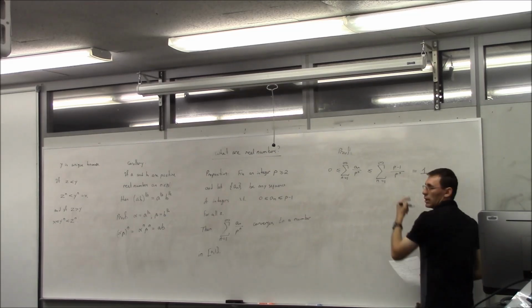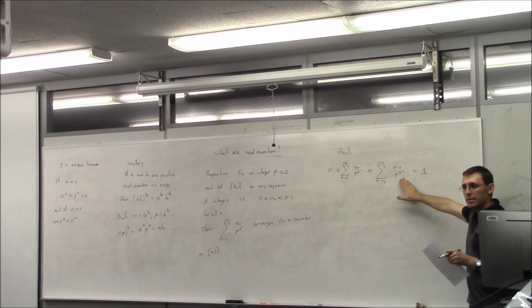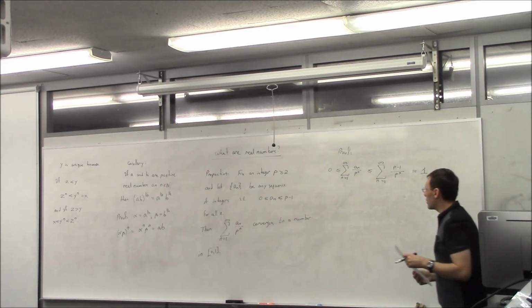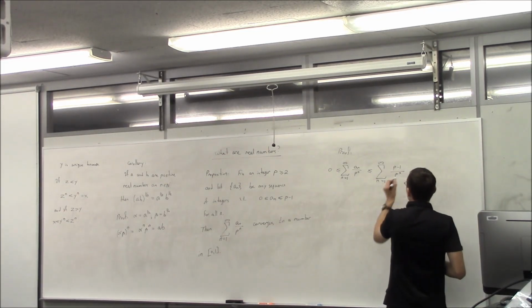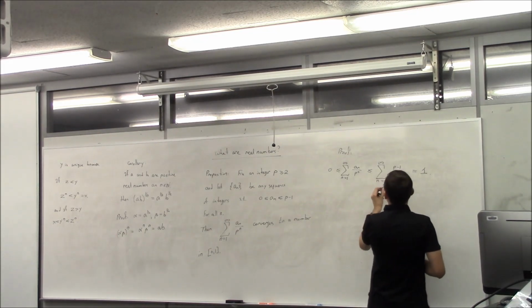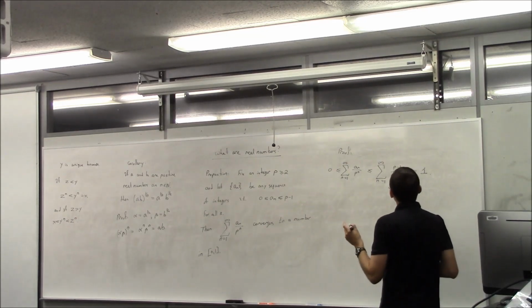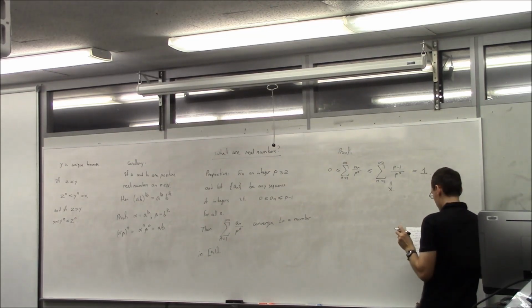Do you remember how to calculate geometric series? If not, I will go over that maybe next class. So that tells you that this number, whatever this summation x is, is between 0 and 1.